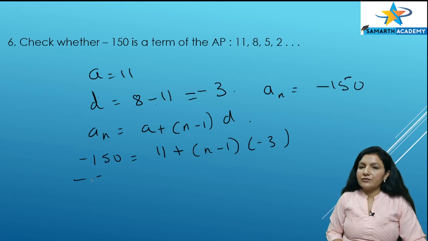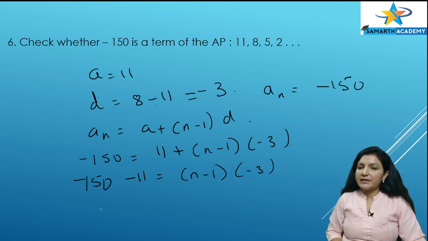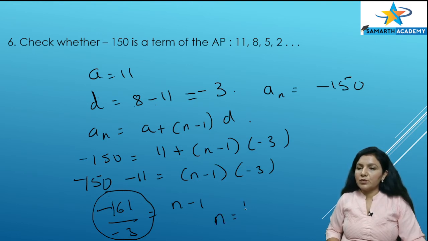So minus 150, always whenever n is asked, you have to send a that side. It becomes minus 161 is equal to n minus 1 into minus 3. So minus 161 by minus 3 is equal to n minus 1. So if I divide this, I will not get a whole number. So you can write n is equal to 161 plus 3 by 3.